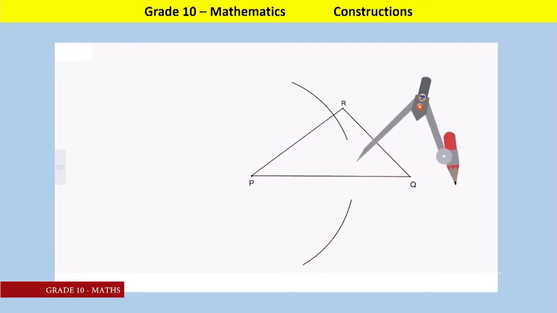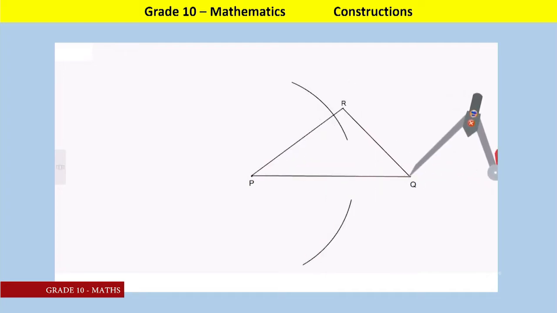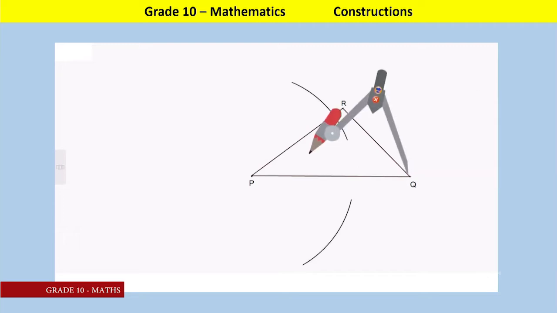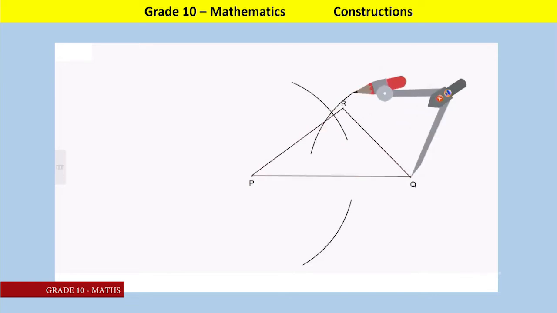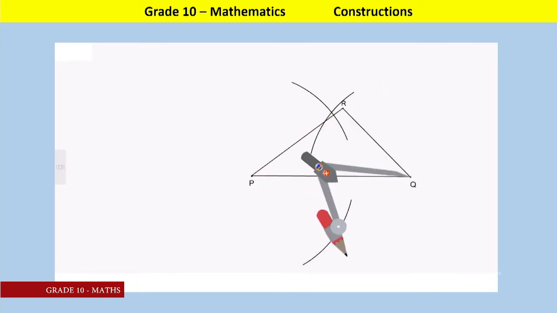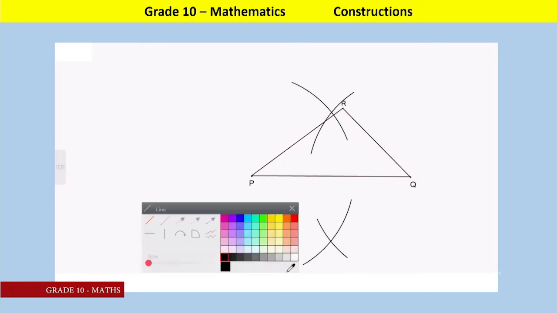So first I will select the PQ line, the house P and house Q, equidistant to P house as well as equidistant to Q house. Just as earlier, you can construct 2 arcs intersecting at 2 points.